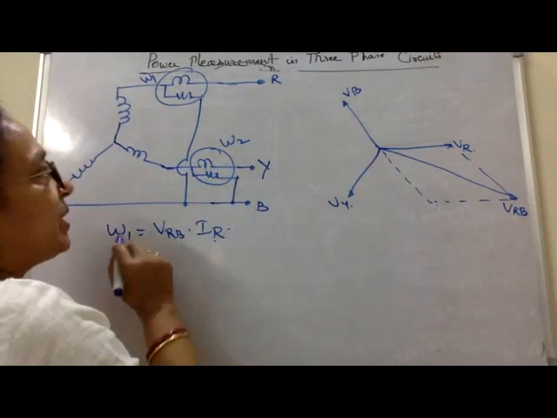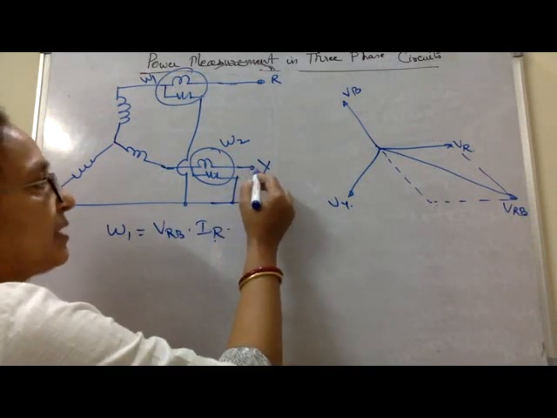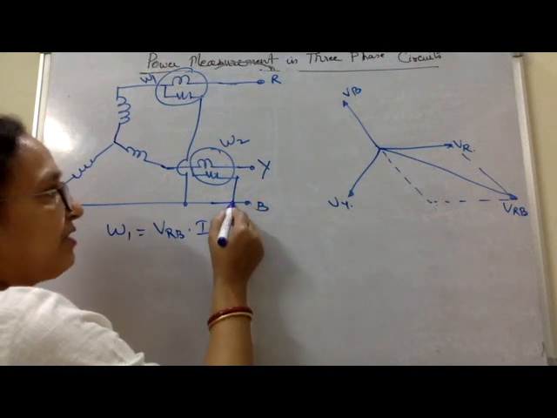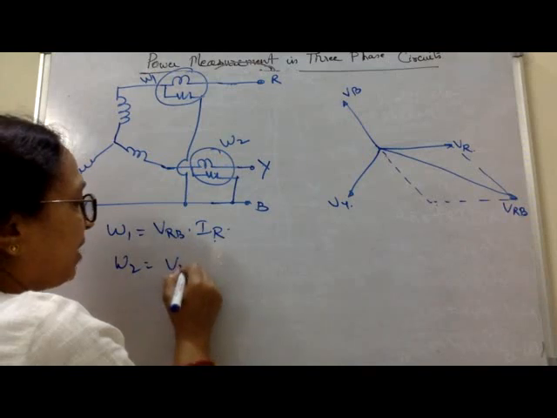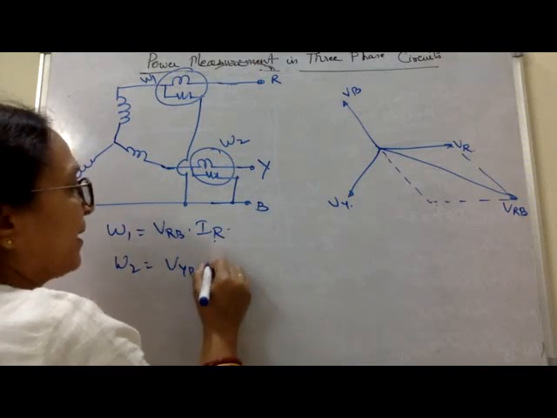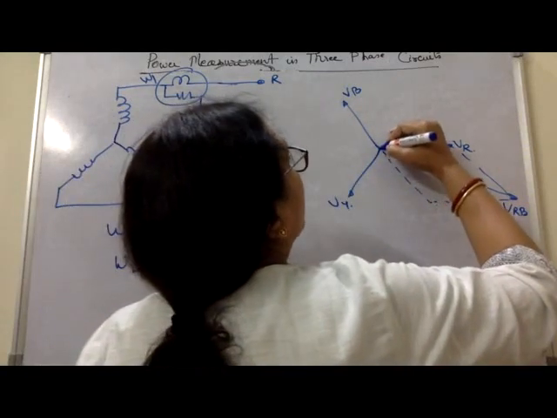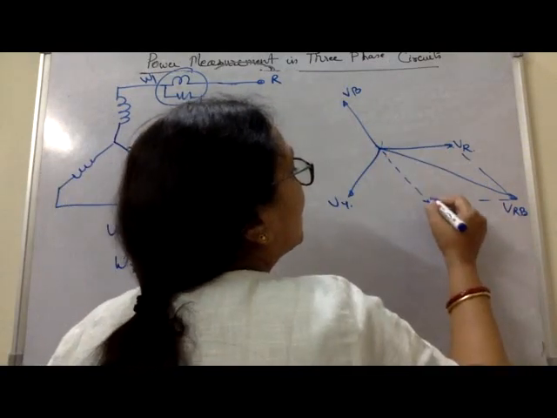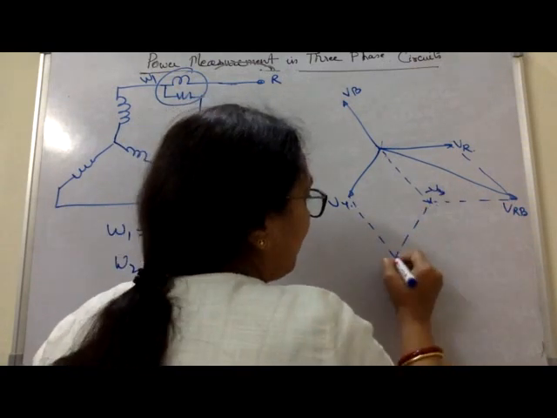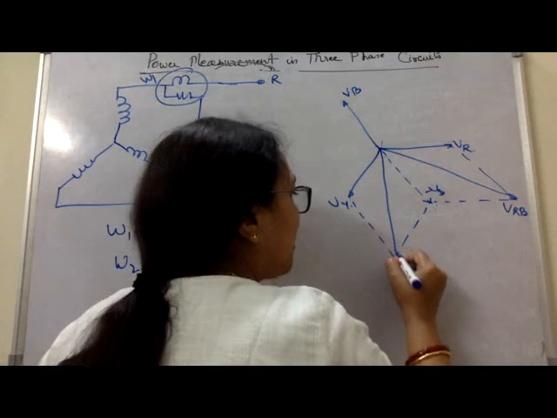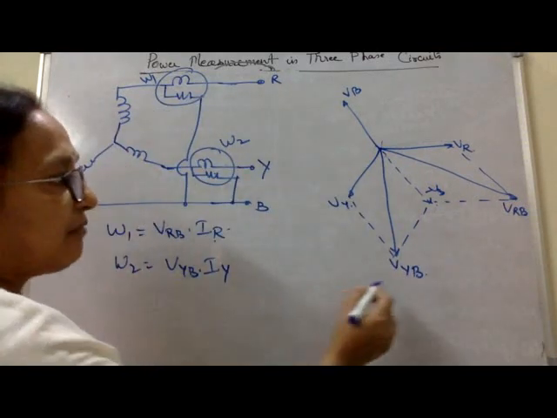The second wattmeter is reading the voltage VYB because it is connected between Y and B. B is negative here, so this is our minus VB, and therefore the phasor sum of the two will be VYB. So these are our voltages.